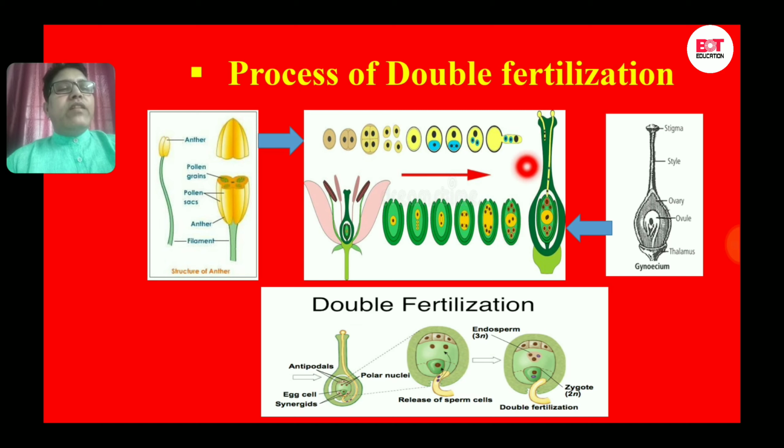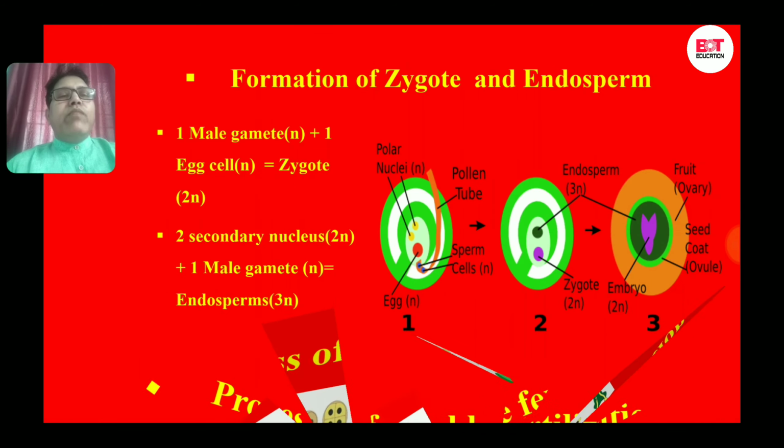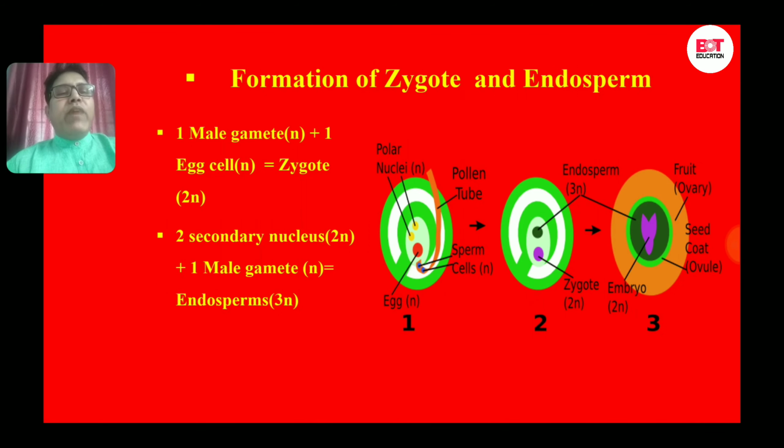So the pollen germinates on the stigma, develops into a pollen tube, and enters into the ovule, and they get fertilized. Out of the two male gametes, one fuses with the egg cell, and the remaining one fuses with the secondary nucleus. This is the mechanism of double fertilization.